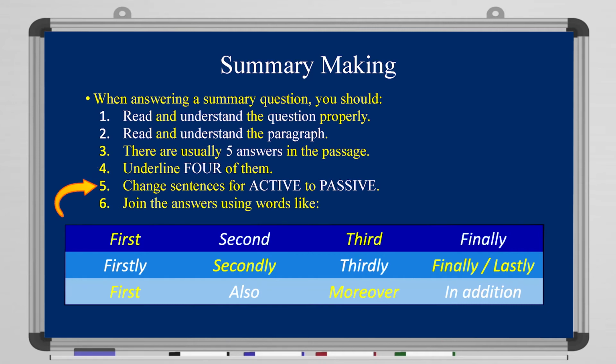Change sentences from active to passive. We have to use the passive voice. Number 6. Join the answers using words like first, second, third, and finally. Or maybe you can use something else. Firstly, secondly, thirdly, and lastly. Or maybe first, also, moreover, and in addition. These words help to join the sentences together.